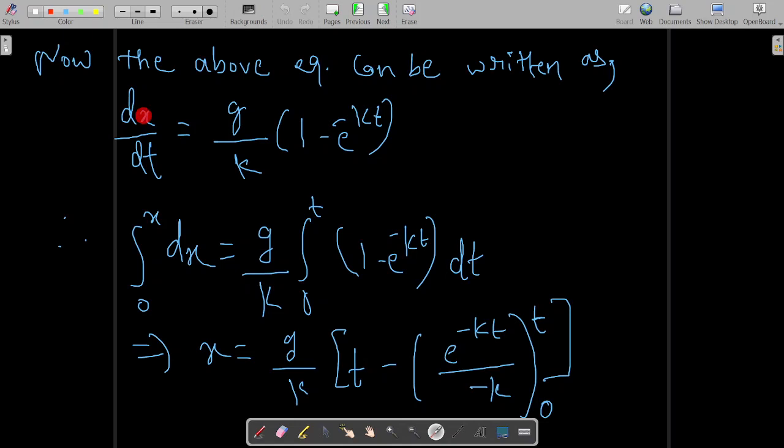This is rate of change of displacement. You should call it like that only.